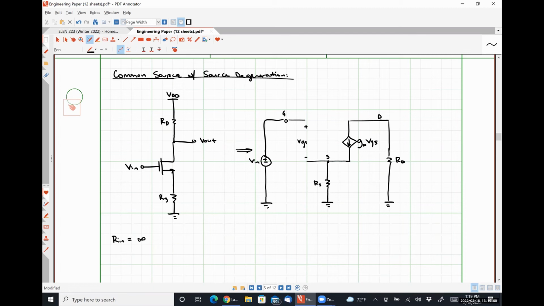So with our input terminal shorted, I'm going to depict it like so. What this winds up doing is putting our voltage VGS to be the drop across this resistor RS, positive polarity on bottom.